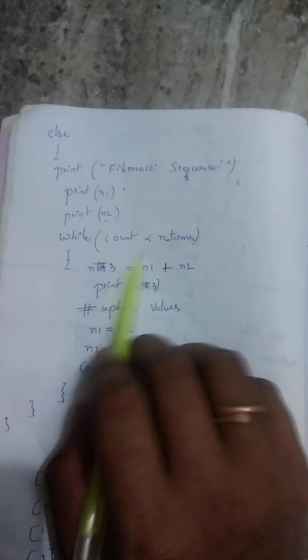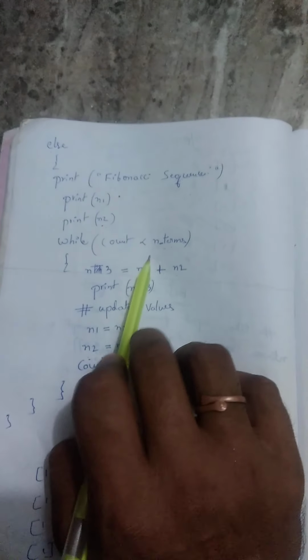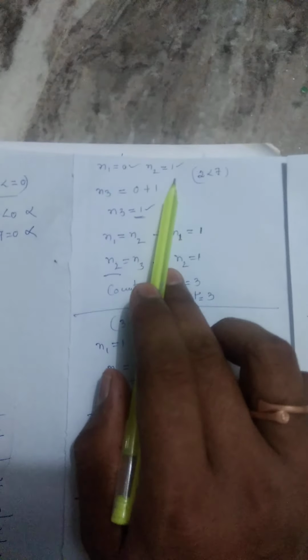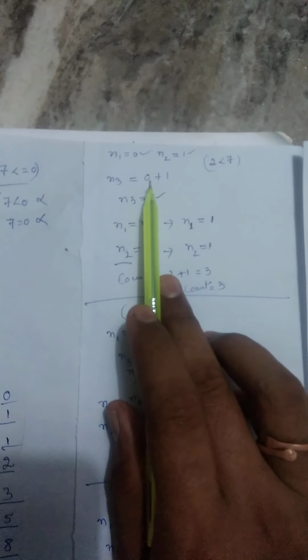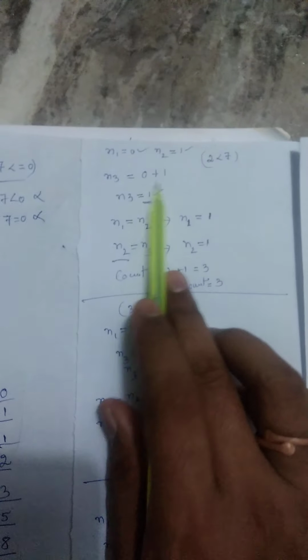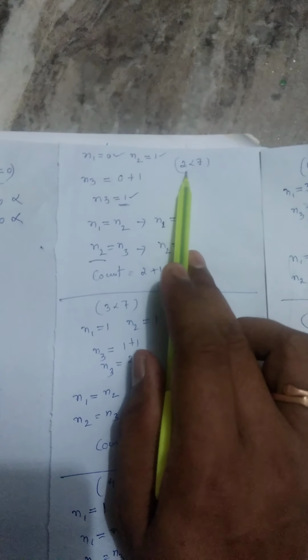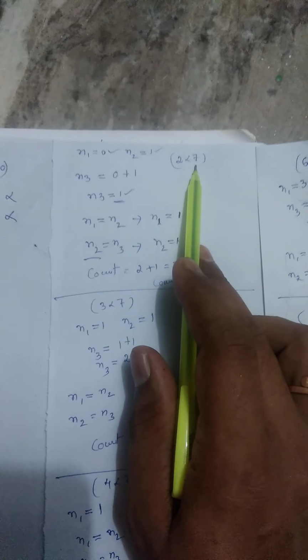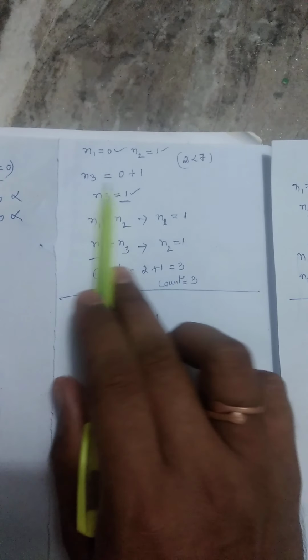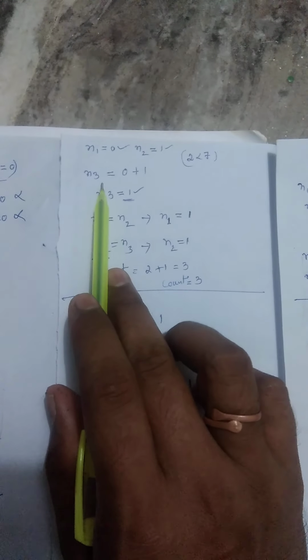After that, we go to the while condition. 2 is less than 7, for the 7th term. With n1 equal to 0 and n2 equal to 1, n3 equals n1 plus n2, that is 0 plus 1, so n3 equals 1. Count 2 is less than 7, so the condition is satisfied. That's why we go into the following statements.